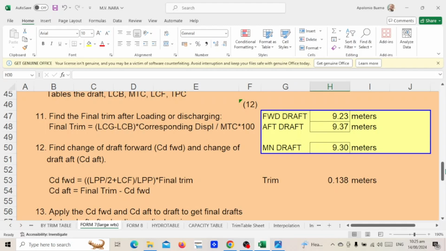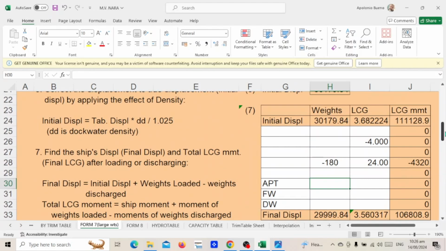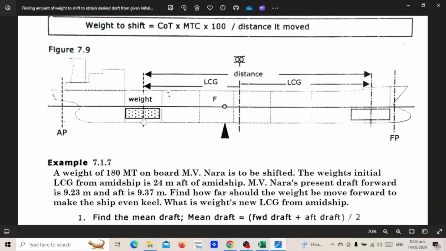Okay, let me repeat, guys, so it should be clear. With this diagram, you take out the weight here and you shift it 28 meters ahead going forward. That should be around here.